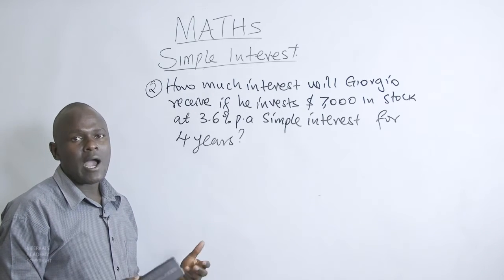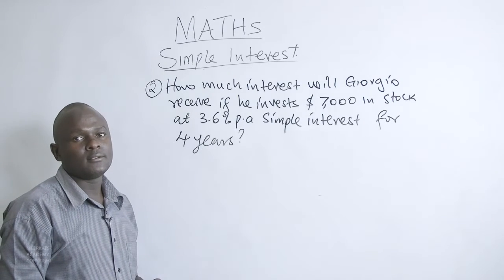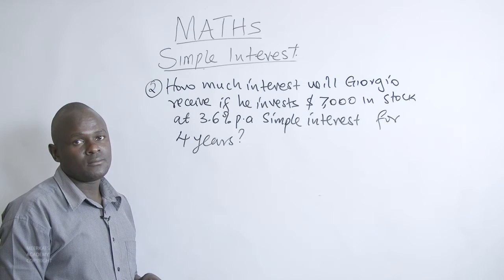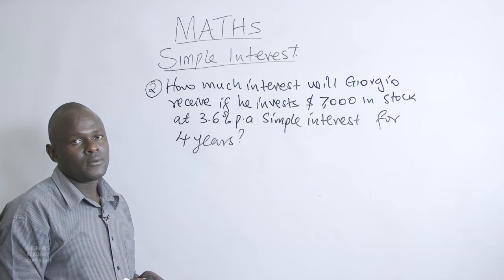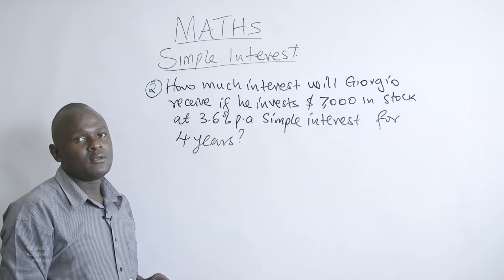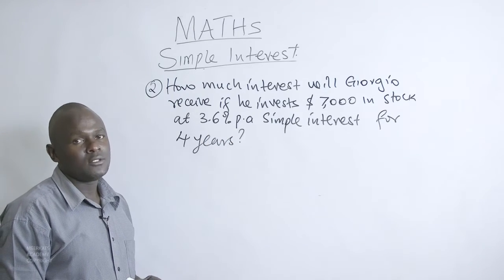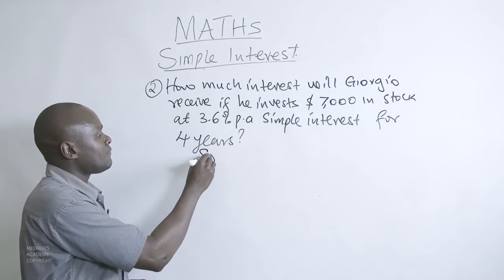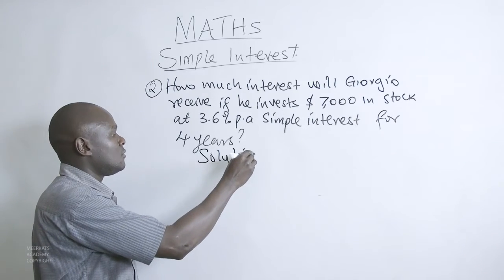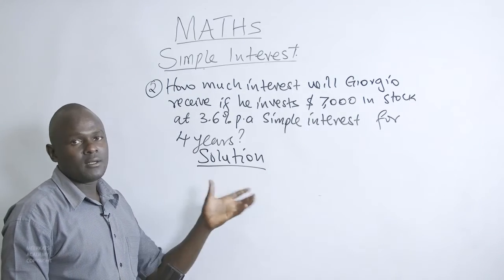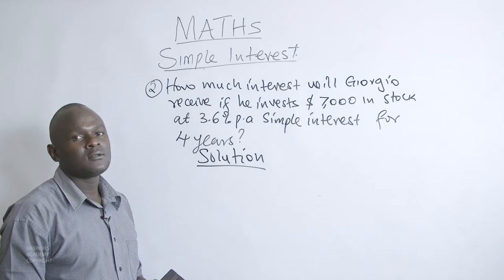We want to know how much this person will earn after 4 years. In the previous examples, we have been looking at loans. Now we want to look at investment. This example is centered on investment. We have learned that the simple interest formula applies in both cases.